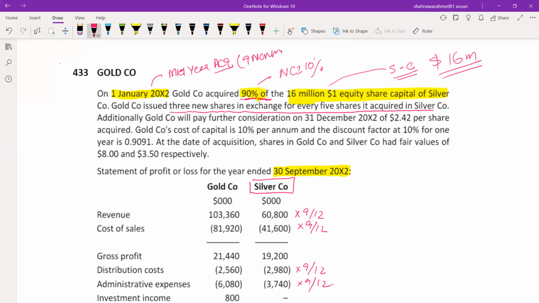So it's basically 3 for 5. Additionally, Goldco pays further consideration on 31st December 20x2, after 9 months, of 2.42 per share. This is the deferred one, and cost of capital is 10% and the discount factor for 1 year is 0.909. At the date of acquisition, the shares in Goldco and Silverco had fair value of 8 and 5.3 respectively.